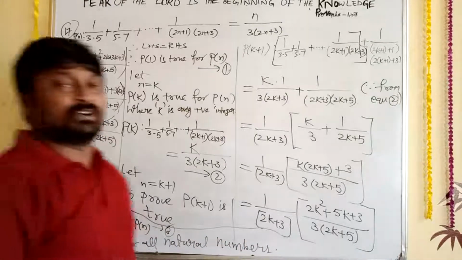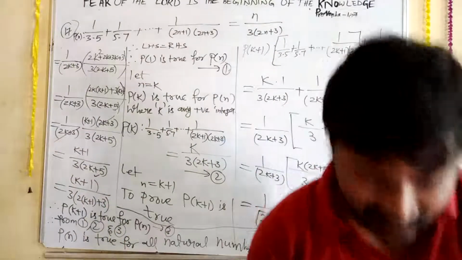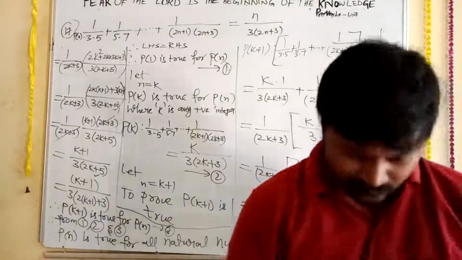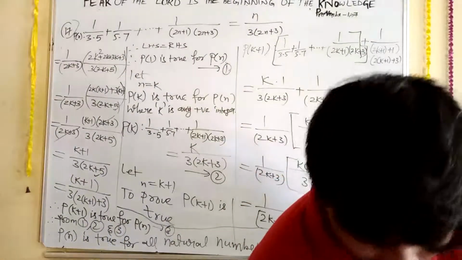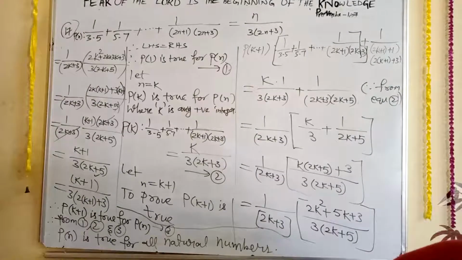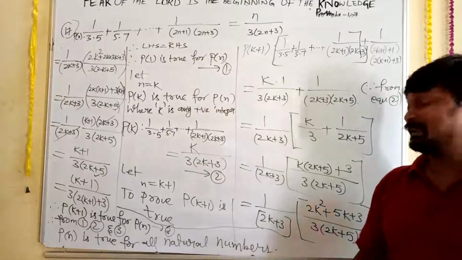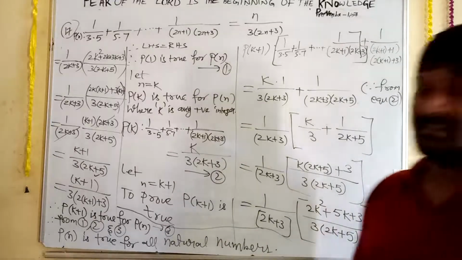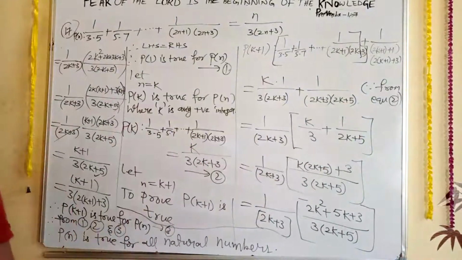Okay, so that is about your problem number 17. So let's move on to problem number 18 now. We have to complete fast. So I hope you all understood the 17th one.